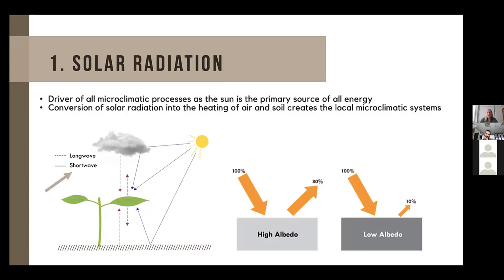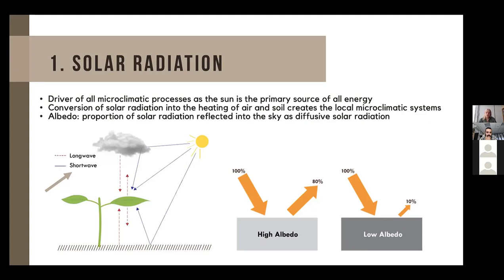Yeah, so all energy coming from the sun is actually shortwave radiation, and not everything is directly received by the Earth. So some is first scattered by clouds or other particles in the air. And some is also directly reflected by the Earth itself.